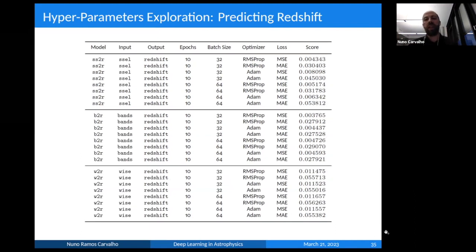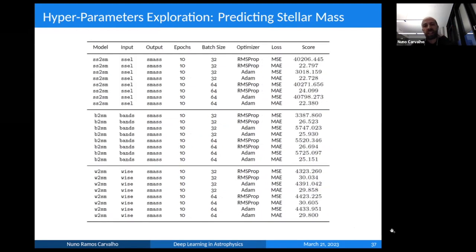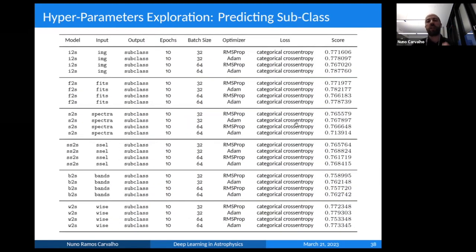We did this with a smaller data set, not the entire data set, for these experiments. We did this for all the models, then looked at all the scores, and used this to guide our selection of the optimizers, the batch size and the other hyperparameters. I don't want to go into the details, but in a nutshell, that's the idea.